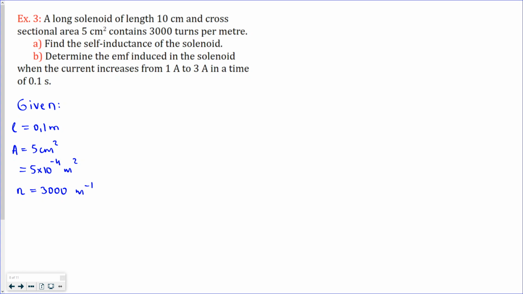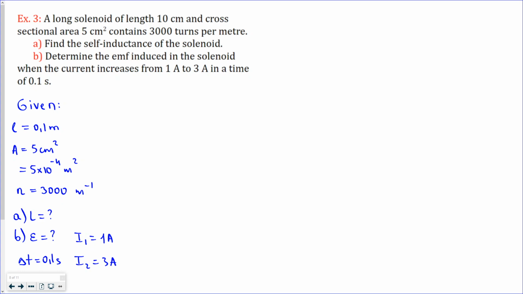In A part we need to find the self-inductance, and in B part we need to find the self-induced EMF, if the current is changing from 1 ampere to 3 amperes in an interval of time delta t of 0.1 seconds. So that's all we have.